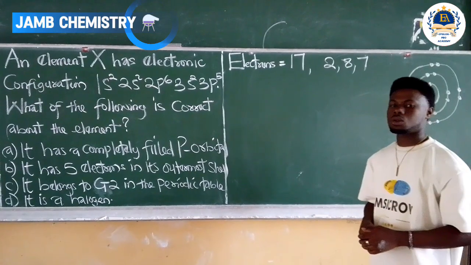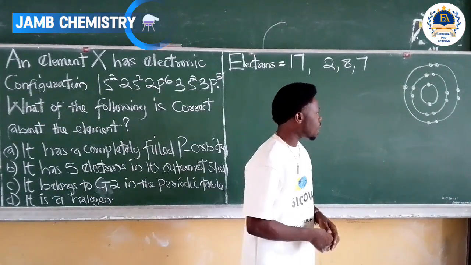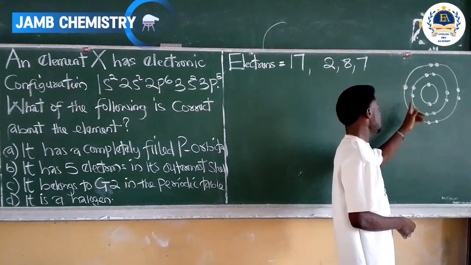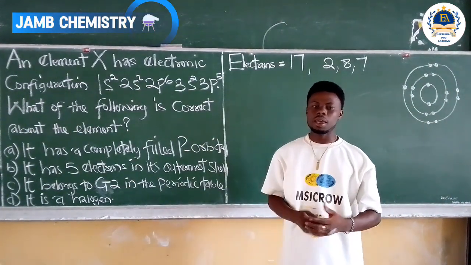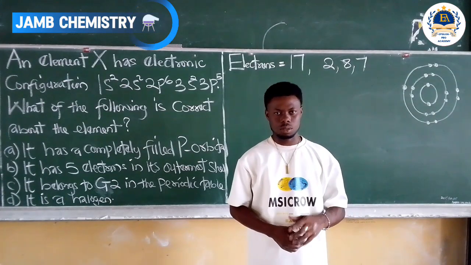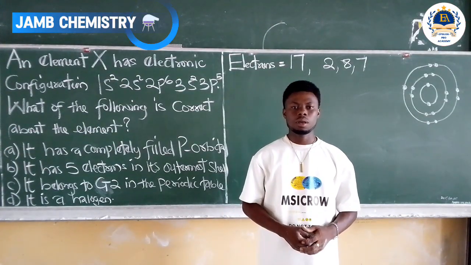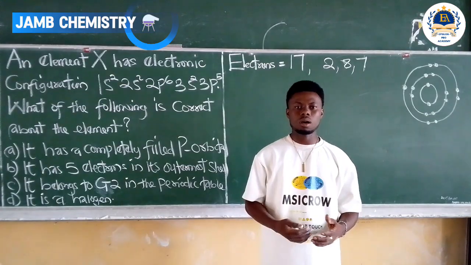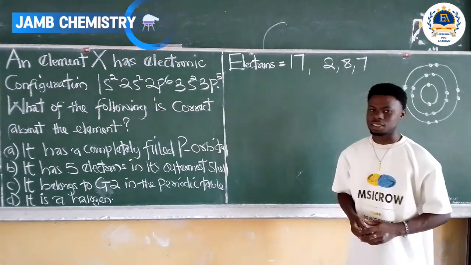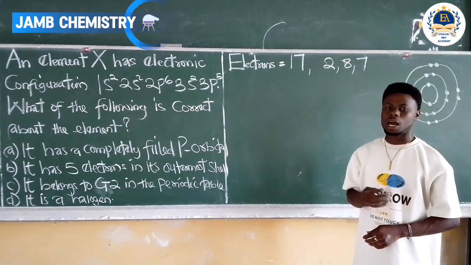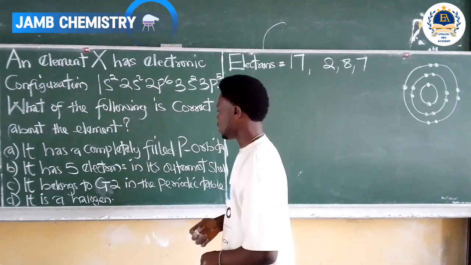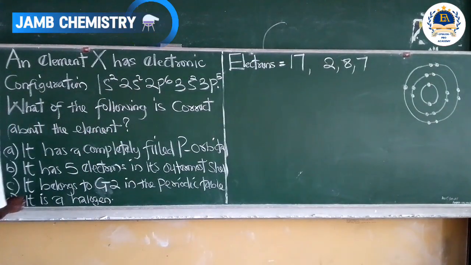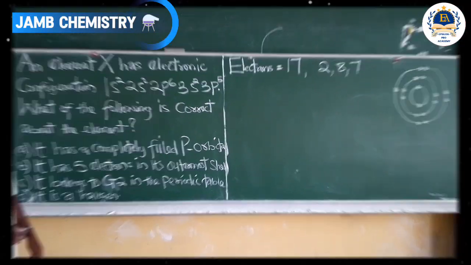This element belongs to group 7 in the periodic table because it has 7 electrons in the outermost shell. They are very reactive during chemical reactions. They tend to accept 1 electron to become a univalent anion. Because this element belongs to group 7, we can say that they are halogens. They are called halogens because of their salt formation. So the correct option on the board is option D. It is a halogen because of its salt formation.